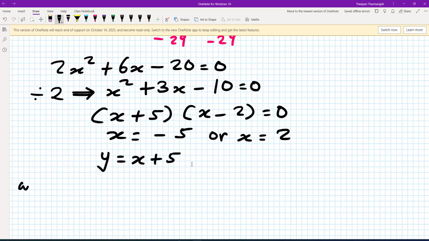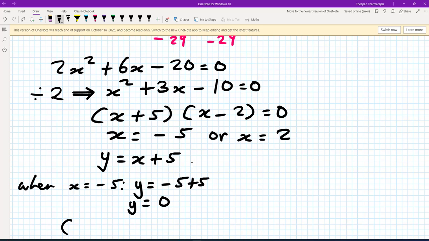So when x equals minus 5, therefore y equals minus 5 plus 5, which is 0. So the first point of intersection is minus 5 and 0. Do the same thing here.